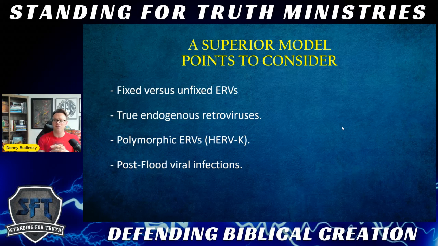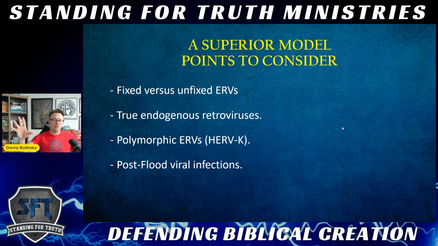This is why it's so important to understand that we have a bigger picture we need to focus on. What's the bigger picture? What is the origin of exogenous retroviruses in the first place? Okay. Polymorphic ERVs, for example, HERV-K. It's the same thing.